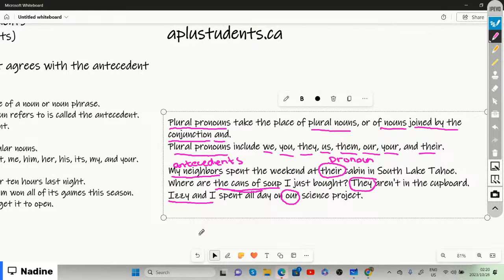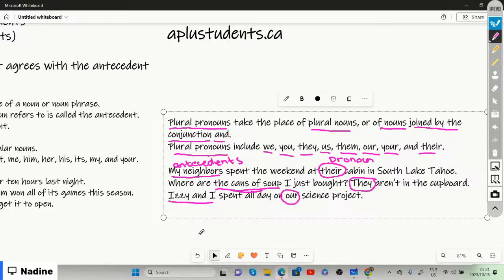And remember, when it comes to pronouns and antecedents, the antecedent is the noun or the noun phrase, right? And then we have the pronoun, and the pronoun takes the place of a noun or a noun phrase. And that noun or noun phrase, we call that the antecedent.